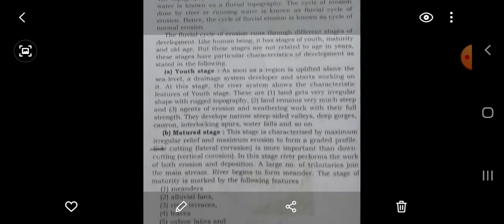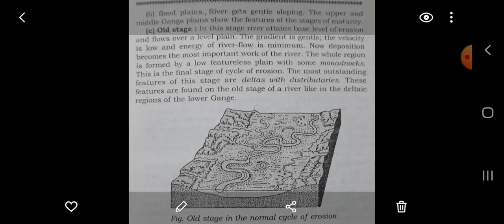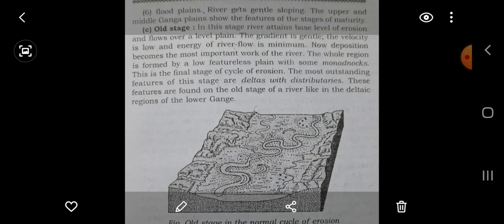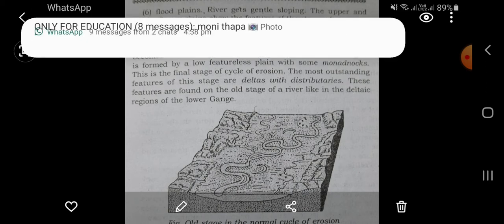A large number of tributaries join the main stream. The river begins to form meanders. The stage of maturity is marked by the following features: meanders, alluvial fans, river terraces, levees, oxbow lakes, and floodplain. The river gets a gentle slope. The upper and middle Ganga plains show the features of the stage of maturity.